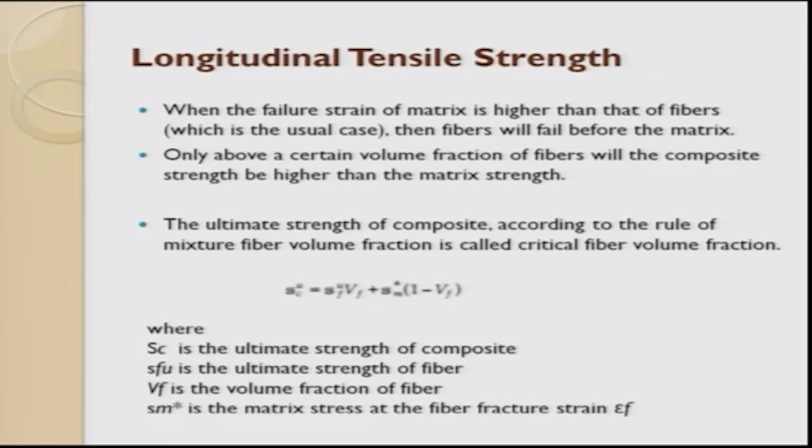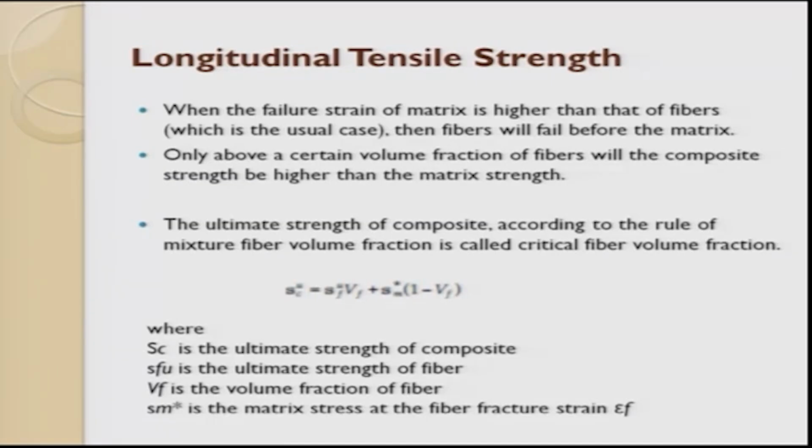So now it is very clear that we are supposed to find out a volume fraction, that means to say a critical volume fraction which is required for the composite. So a certain volume fraction of the fiber will be the composite strength. So that means to say a critical volume fraction level we have to find out, so that we can have the strength properties taken by the fiber. So the volume fraction is called a critical volume fraction.